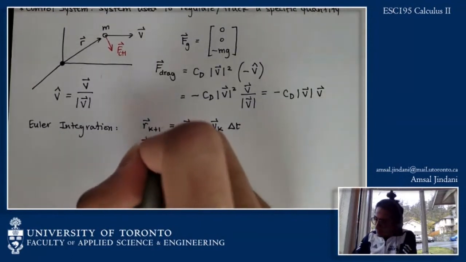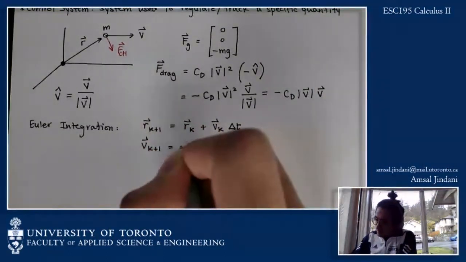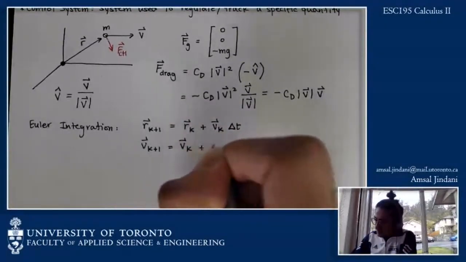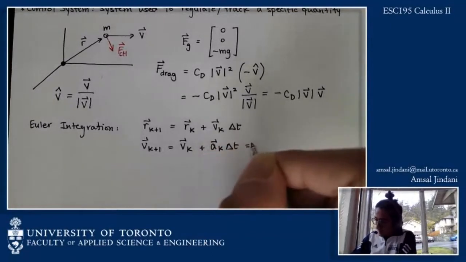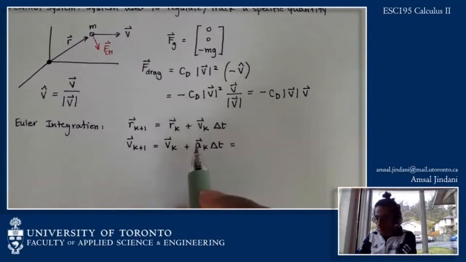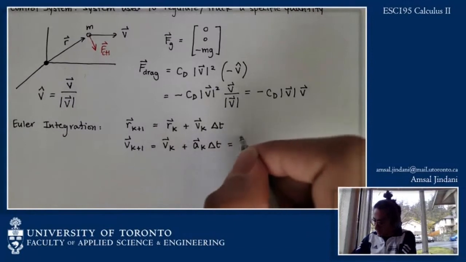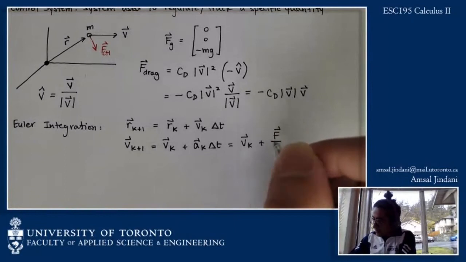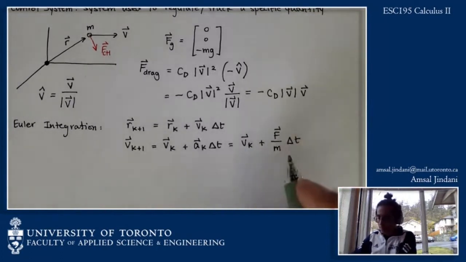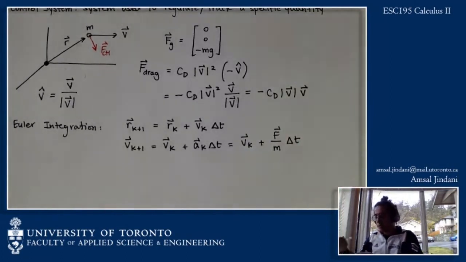And then similarly, the velocity in the k plus 1th time step is the velocity in the k plus the acceleration times delta t. And we can use Newton's second law to substitute with the acceleration. So you get v k plus F over m times delta t, with F being the net force on the system, after we add our control force, our gravity force, and our drag force all together.